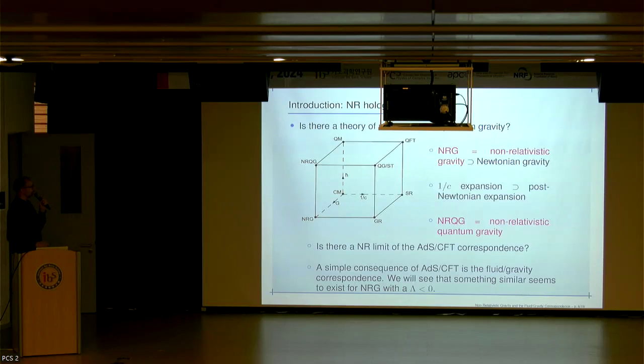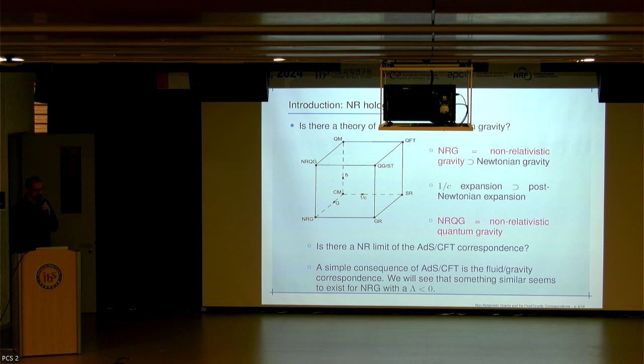Furthermore, we know that there are dualities between quantum field theories and string theories. Famously, the AdS/CFT correspondence is one of them. But you can ask whether that AdS/CFT correspondence only happens in the relativistic domain, or whether this correspondence remains true if I start expanding in 1 over c.